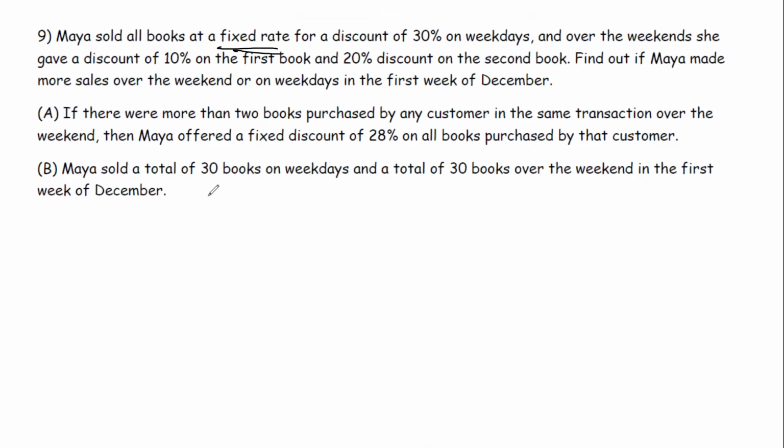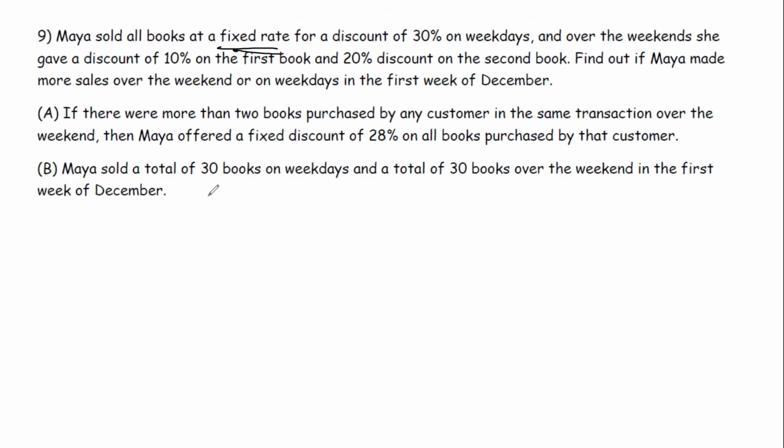But yet there would be some doubt because of the way I've worded this question: 10% on the first book, 20% on the second book, and more than two books for the weekends, it would be 28%. So then you might wonder, what if the 30 books were all individual one-book transactions?